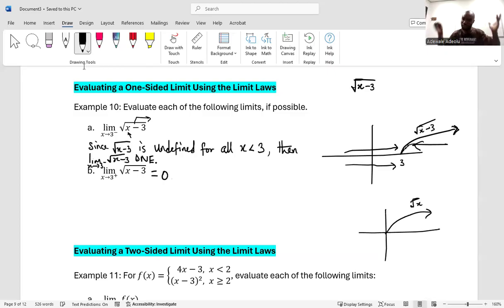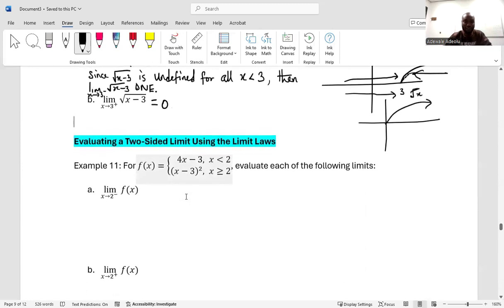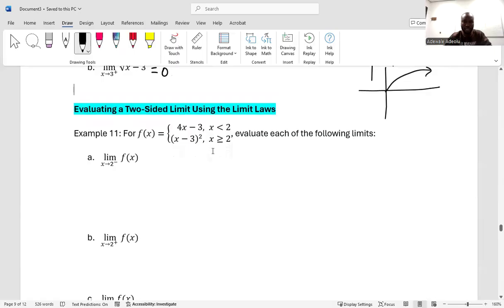Or you just use your basic law, plug in 3 here, that is square root of 0, which is 0. I hope that makes sense. Meaning that when we are looking at one-sided limits, the domain is very important to know if that function is defined at that point.